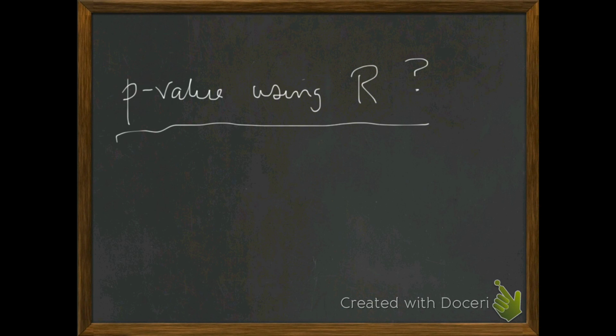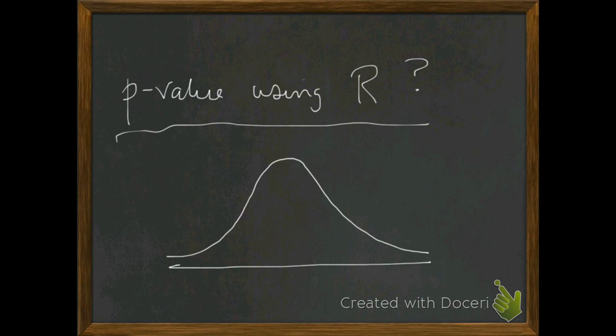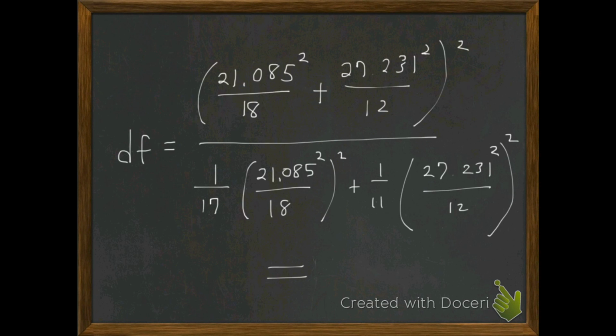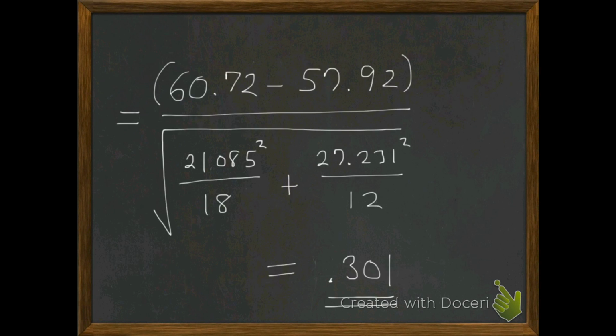So what we have is in the sampling distribution with the degrees of freedom 19.532, the test statistic that we came out with way back when was like 0.301 right there.